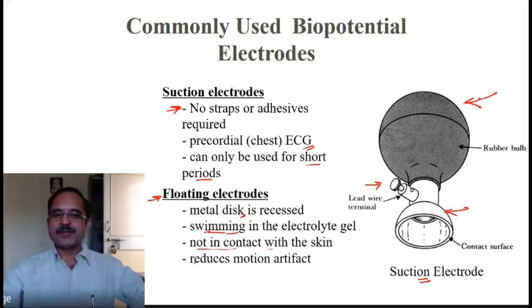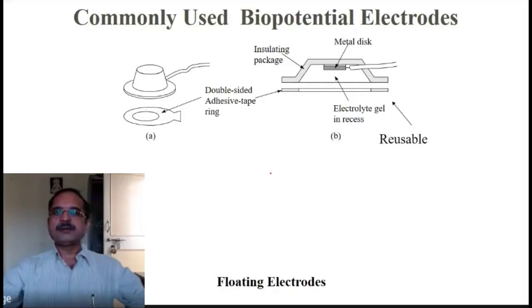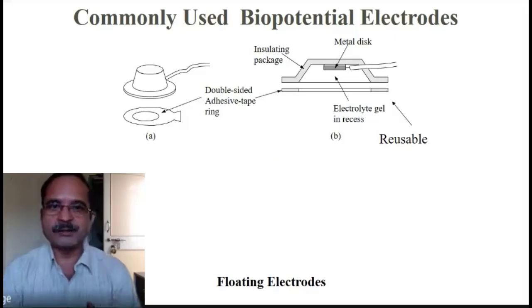The advantage of this is that it reduces motion artifacts. So this is the diagram of the floating electrode. As we have seen, in this case the metal part is swimming in the liquid.